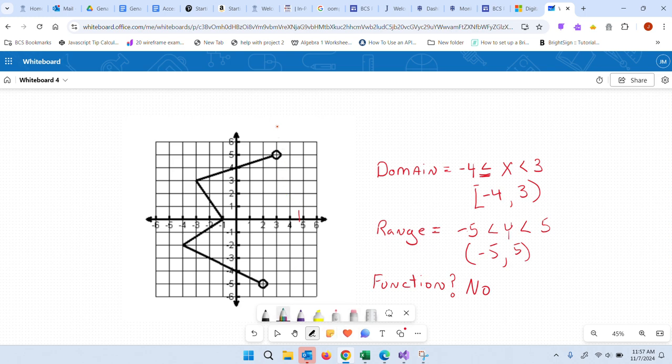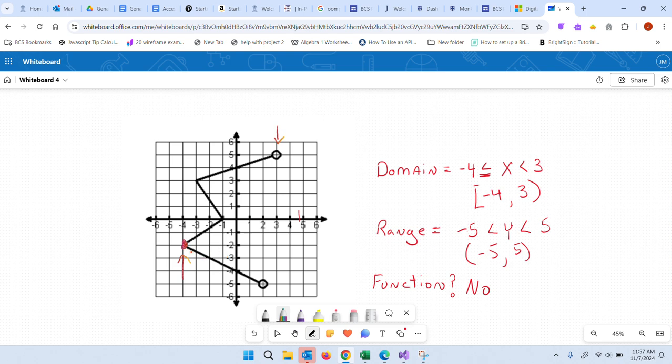You can see that this is the furthest point to the right. This is the furthest point from the left. So the x value is going to go from -4 all the way up to 3. All right, you can see that the 3 is an open circle. The -4 is a closed circle.